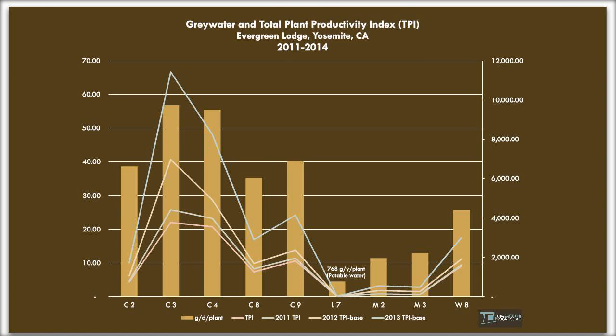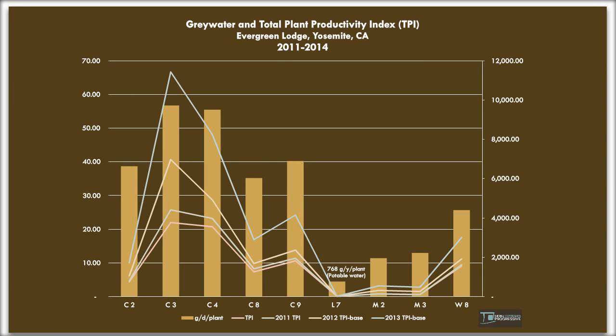Another surprising trend is we didn't know if gray water was actually going to be used by the plants or just disposed of in the mulch basins and used by the soil. And here is a trend chart of occupancy rates turned into gallons per day with the different tree productivity index. That index is essentially a measure of biomass or plant productivity.